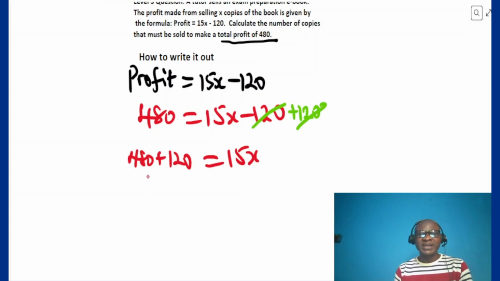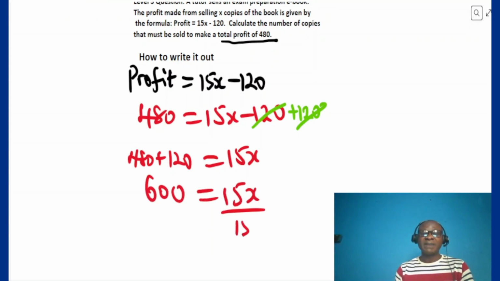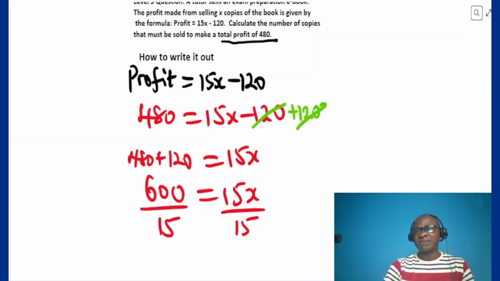So what next? I will add 480 and the 120. And when that addition is done, 480 plus 120 will give me exactly 600. So I got 600 equals 15x. Divide both sides by 15, divide the left-hand side by 15, and also divide the right-hand side by 15.